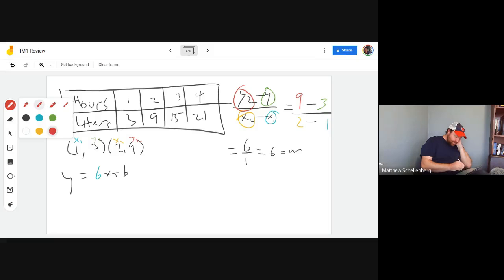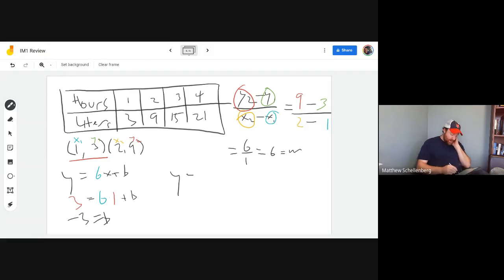Let's say I plug in this point right here. I would have 3 equals 6 times 1 plus b. Subtract 6 from both sides, and I get minus 3 equals b. So that means the answer is y equals 6x minus 3. The y-intercept would actually be negative 3.